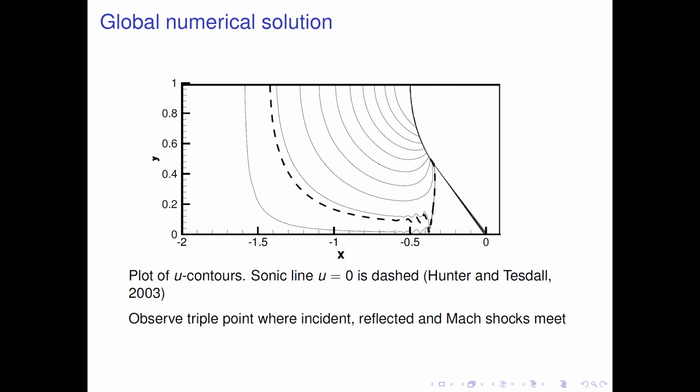It undergoes Mach reflection off this rigid top boundary. Here's the Mach shock. Here's the reflected shock. The sonic line is again dashed. So there's a constant supersonic state here, a constant supersonic state here. And the way the boundary conditions are set up, the flow actually re-accelerates to supersonic at the back here. And then there's this large subsonic elliptic region here.